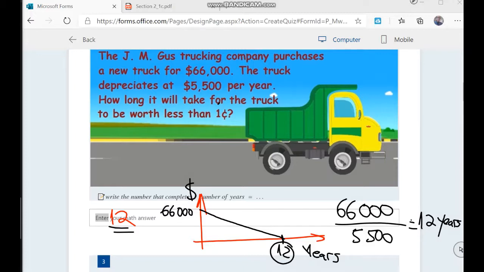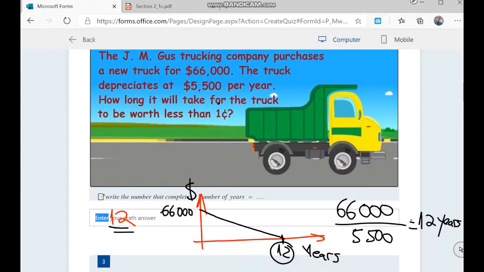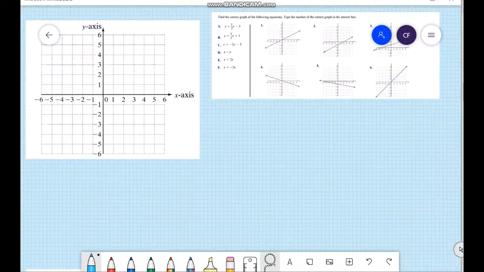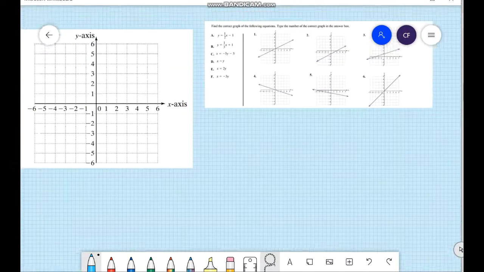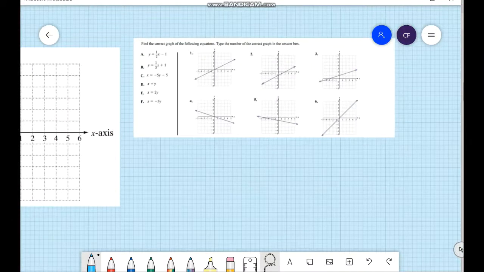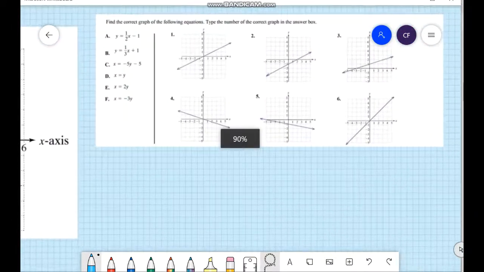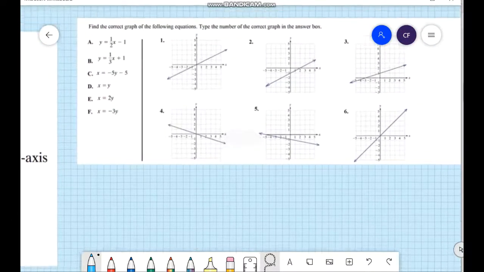Let's work together now on the quiz. We're going to have plenty of time to work on the quiz. Today we have two parts. The first one is this: we have to find the correct graph of the following equations.